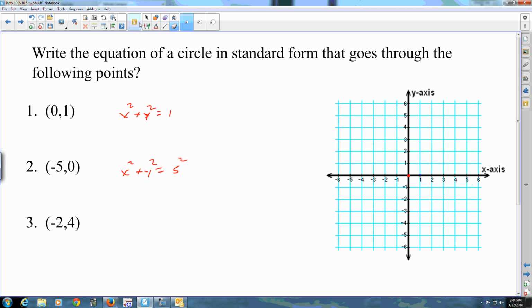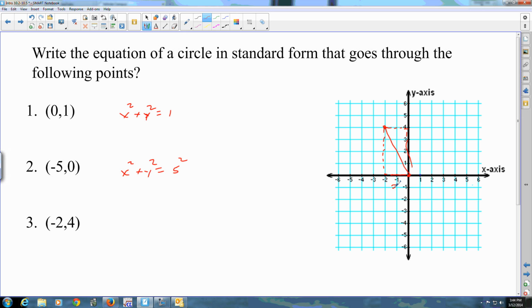The center is still at 0, 0. Now, go to the point negative 2, 4. We need to know what the radius is. We need to know that length. Well, you could build a right triangle here, or you could build one going down there and over.